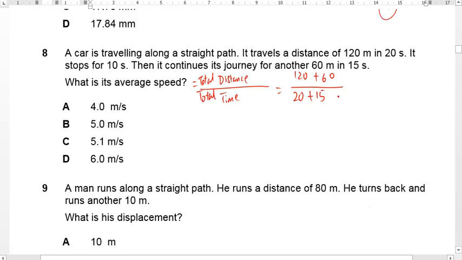Correct or? What's wrong? Arif, anything wrong or correct? We need to include 10 seconds. So you get 180 divided by 45.